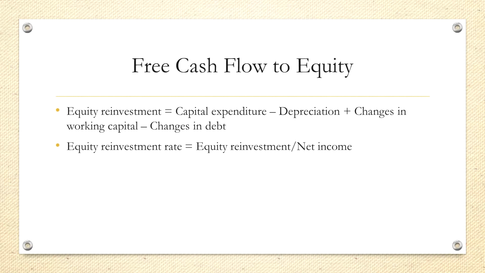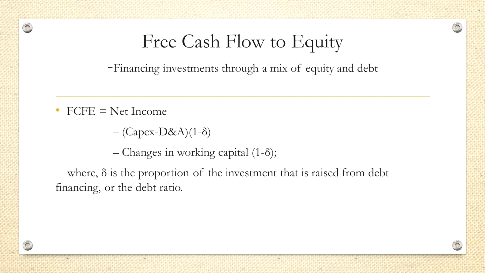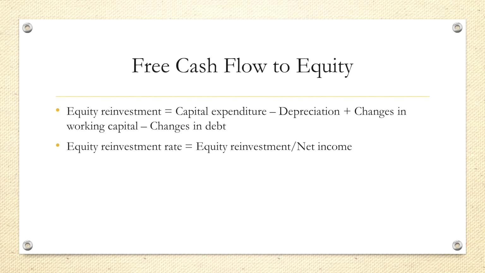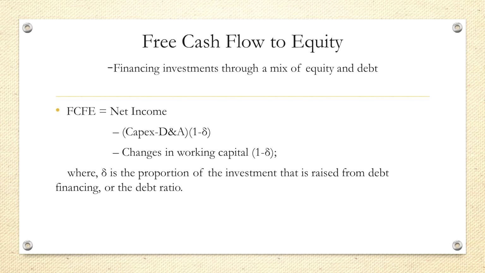And equity reinvestment rate equals equity reinvestment divided by net income. This equity reinvestment rate is very critical for you to estimate the growth rate of the company, because the growth rate of the company equals reinvestment rate times ROE.